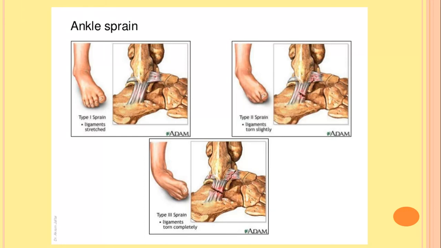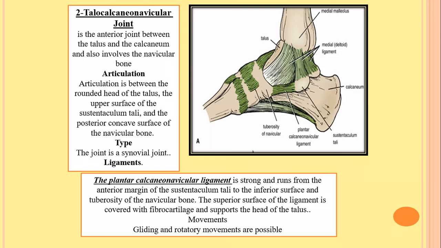The movements are not so much, because basically the head of the metatarsal supports the weight while walking on the ground, and that's why nature has made them in such a way that only flexion and extension occur, and some abduction. But the muscle layers will be the same as in the upper limb.